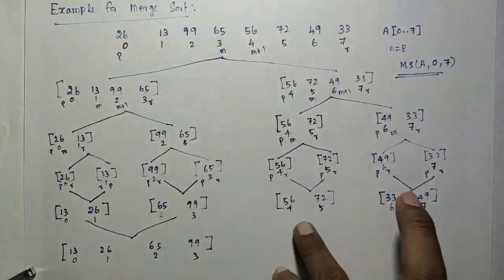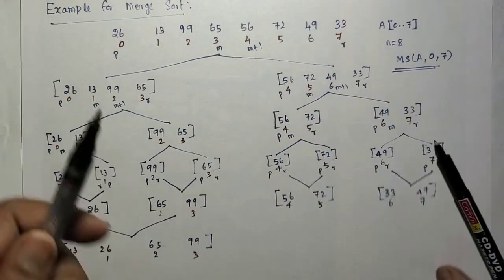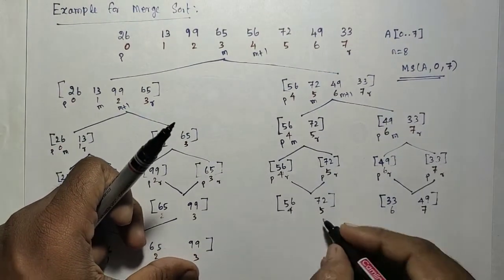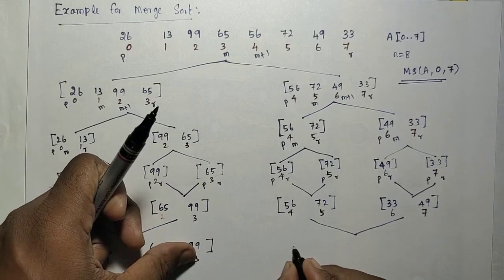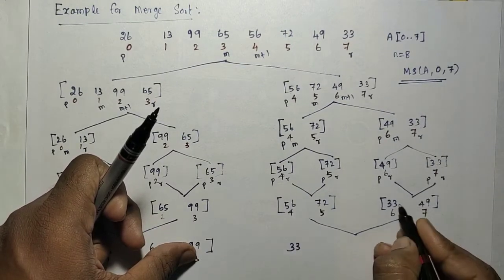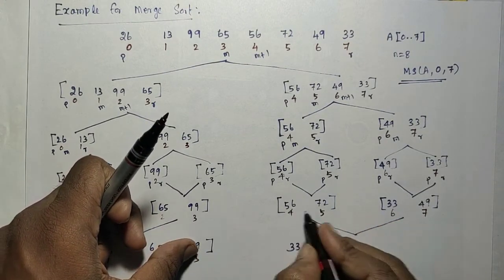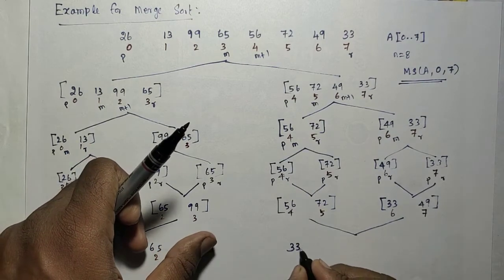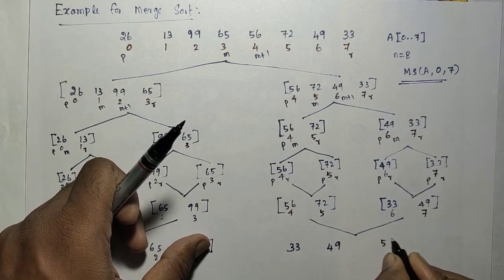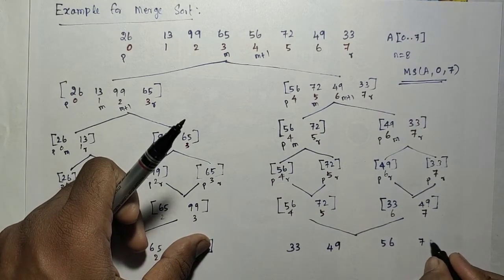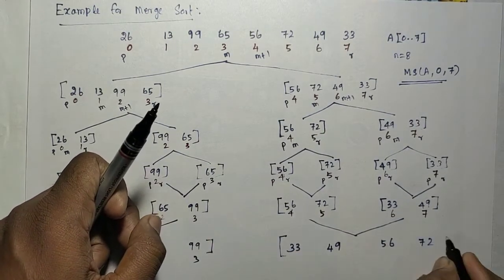Now I want to merge these two. If I merge these two halves, it will become 33, 49, 56 and 72, meaning the entire group of four gets sorted.